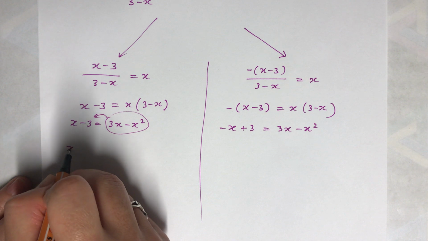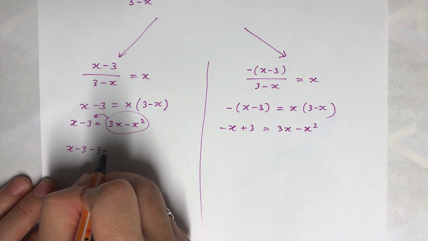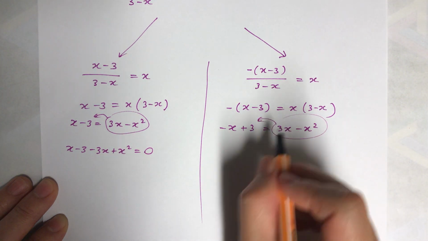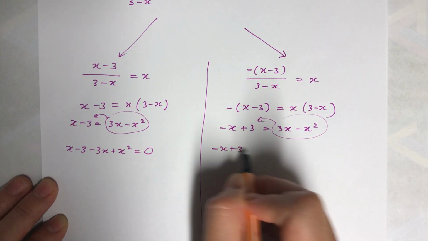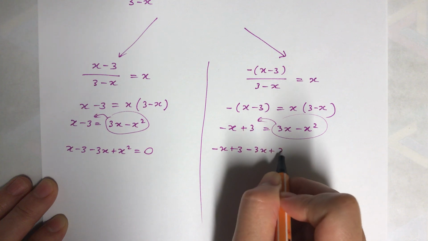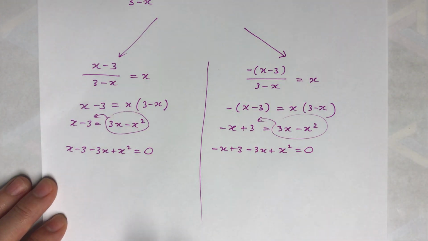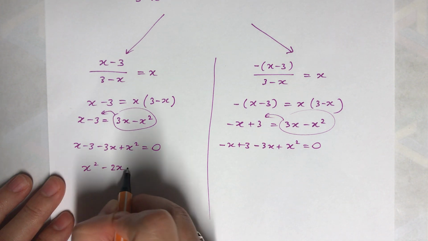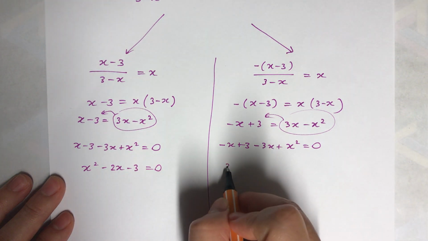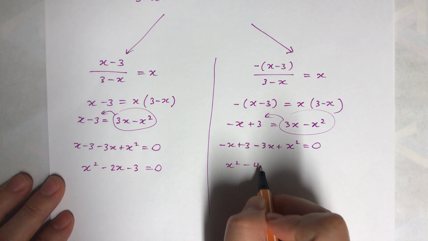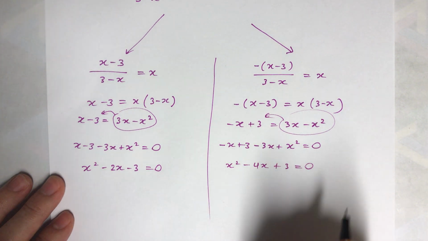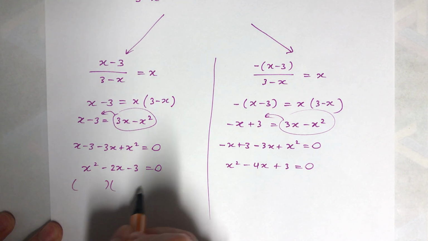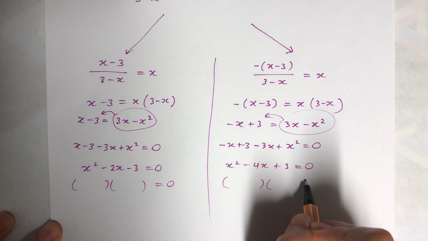So what happens now is minus 3x plus x squared equals 0. I'm going to do the same, so minus x plus 3 minus 3x plus x squared equals 0. And then I'm going to tidy it up, x squared minus 2x minus 3 equals 0, x squared minus 4x plus 3 equals 0. So I've got that so far, and I can factorize this.